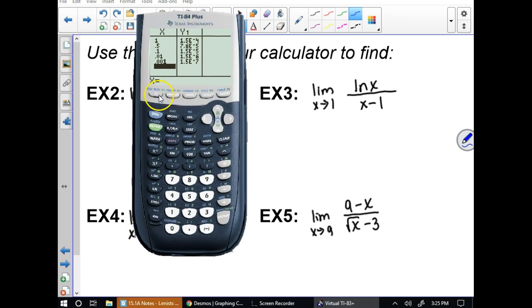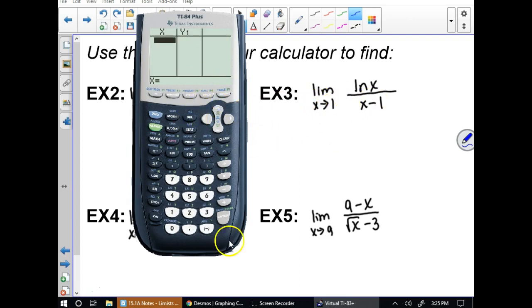Okay. For example 3, we're going to go to y equals, we're going to type in the natural log of x divided by x minus 1. And whenever we do that, we're going to go to the table. And this time, let's delete these out, this time we're looking as x approaches 1.